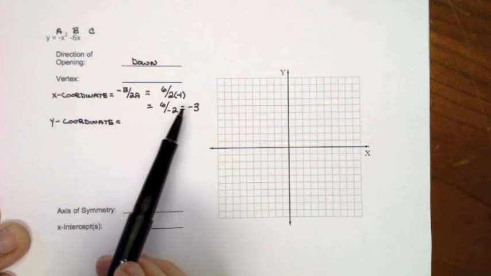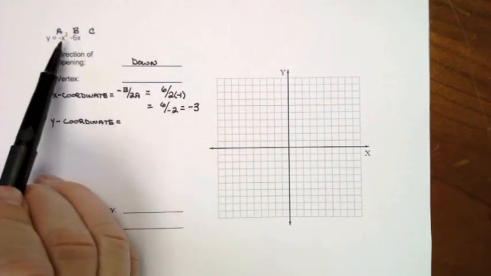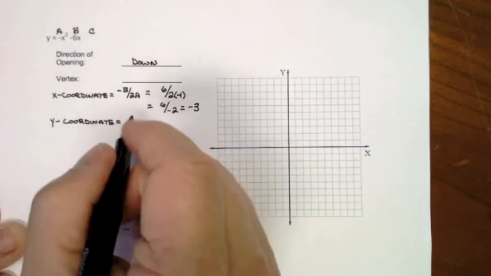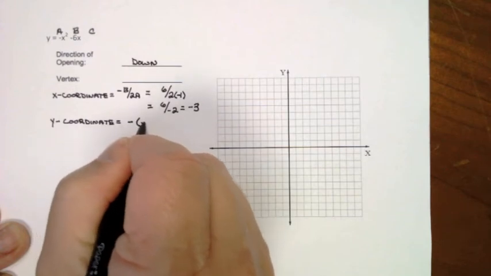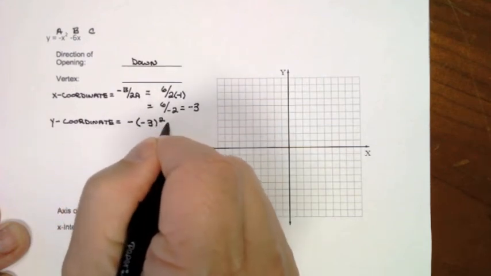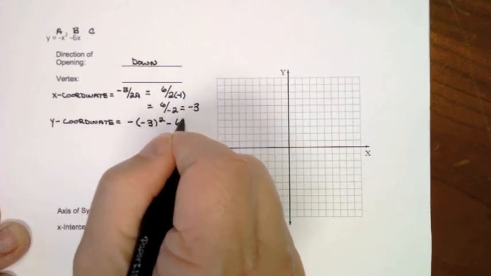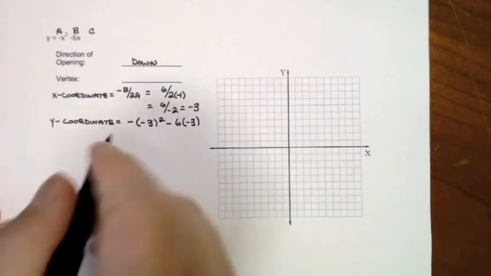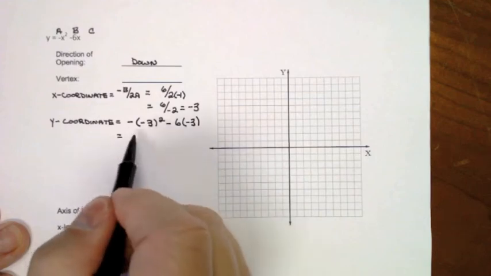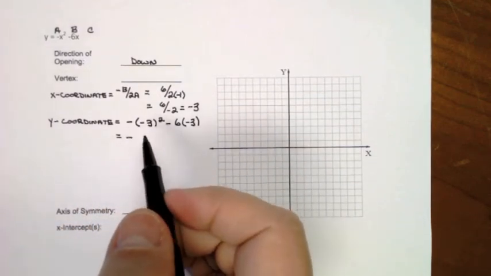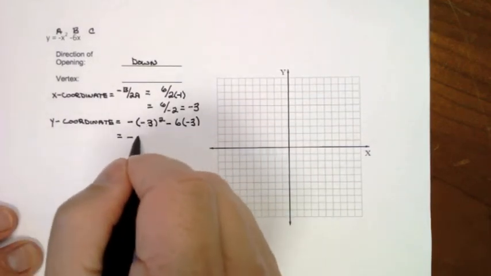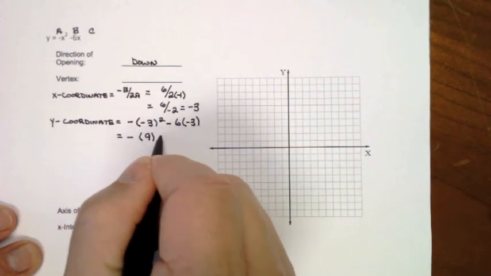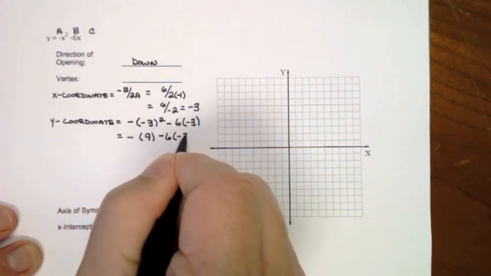To find the y-coordinate, I need to take this number and plug it into my original equation. Negative 3 squared minus 6 times negative 3. Negative 3 squared is positive 9.